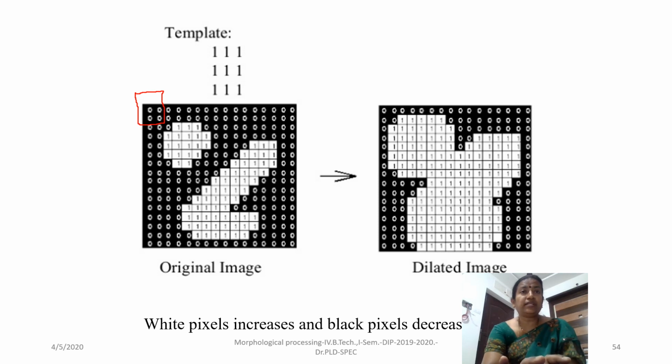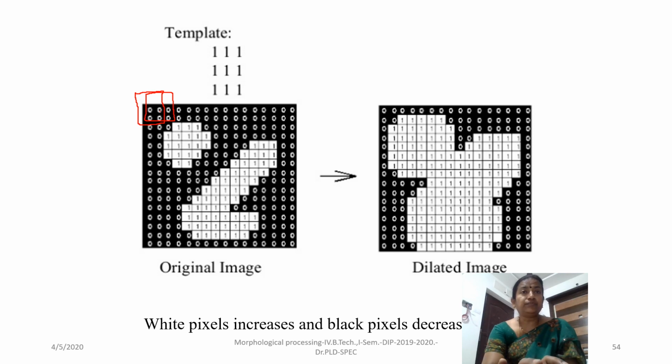If you move to the next location, considering the center pixel as the second pixel of the first row, in this case also these 3 are zeros and this one is also 0. So if all are zeros, this one also gets replaced by 0. This way, the whole first row appears to be zeros only.